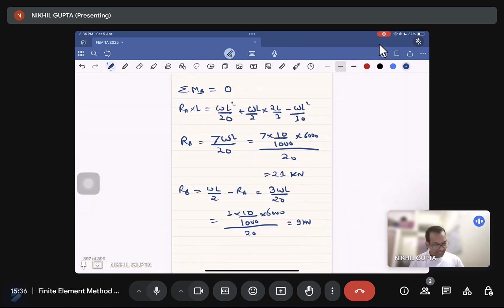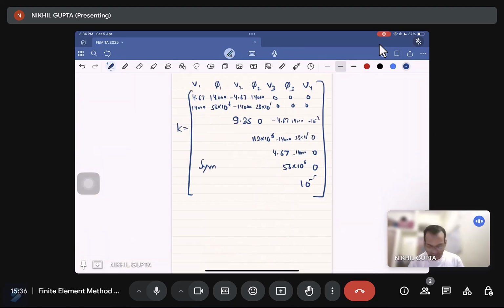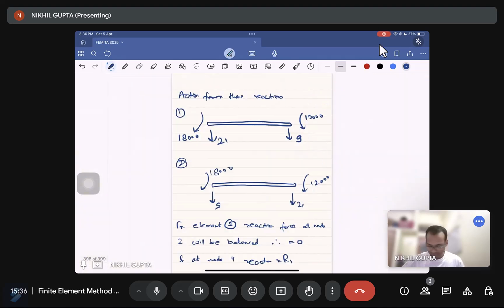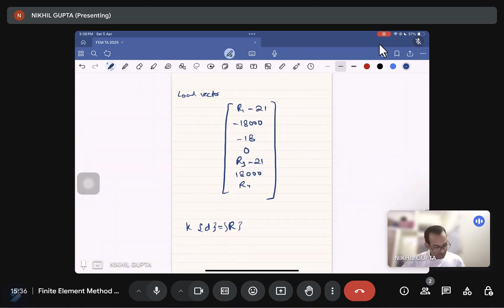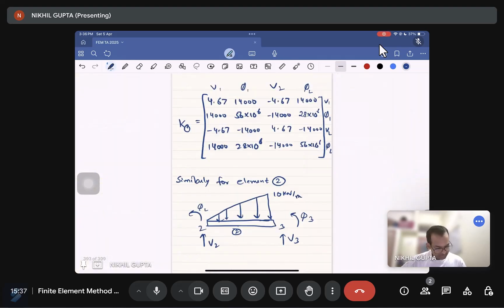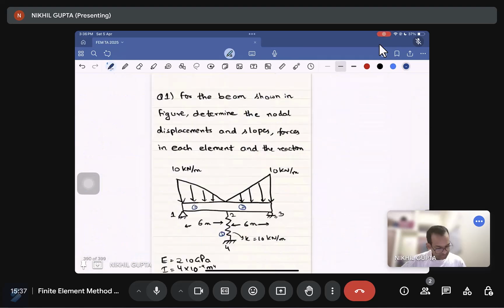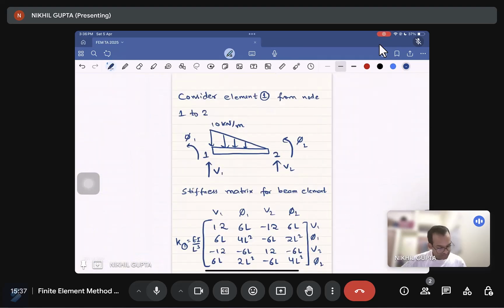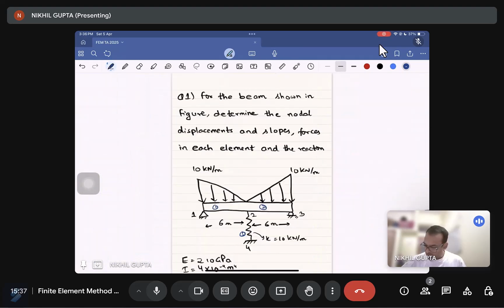So if you see the K matrix, it is this big. Now what all reaction we know? We know V1 is 0, we know V3 is 0, we know V4 is 0. 3 of the V are 0.